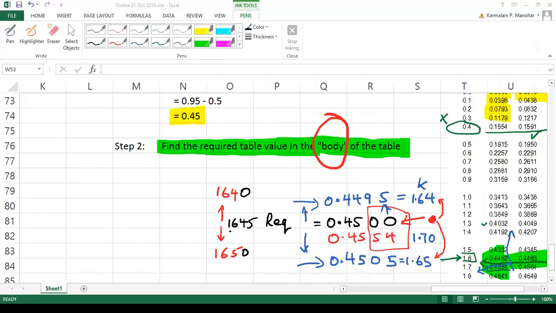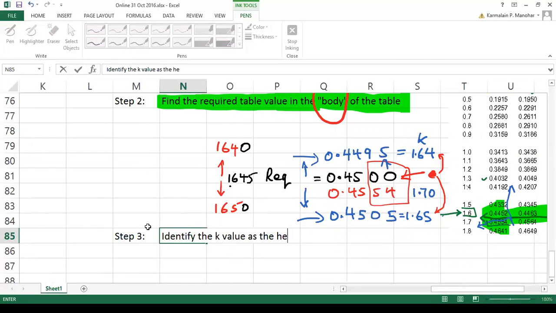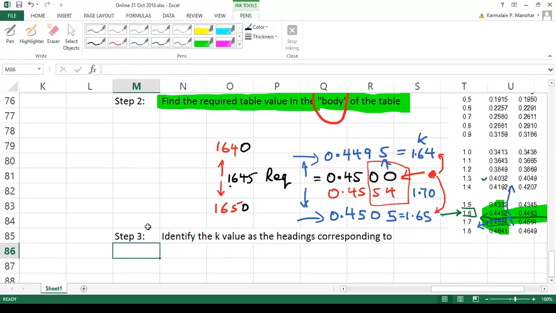So I'll just note for you step 3, which was basically that. Step 3 would be to identify the k value as the headings corresponding to the required table value.